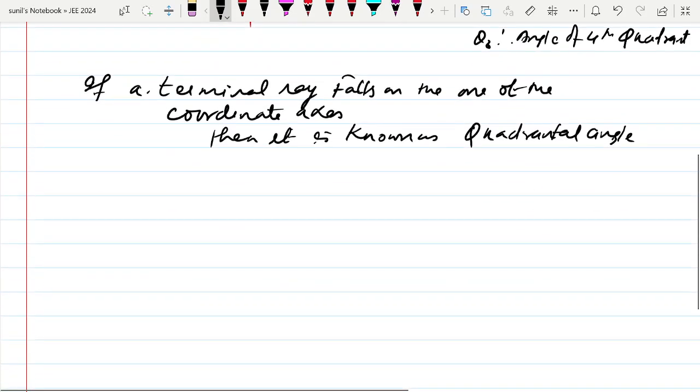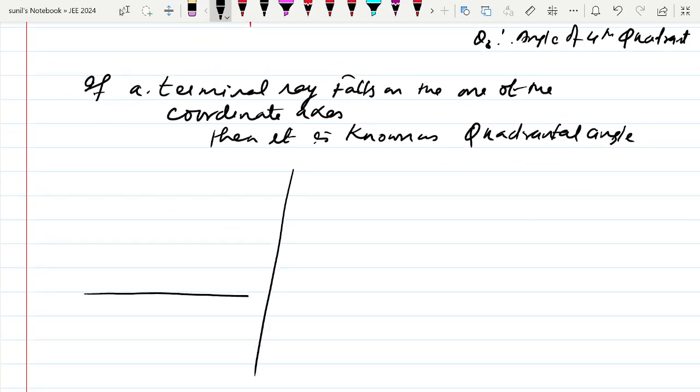If I make a figure, suppose this is your coordinate plane and here is the origin. If the terminal ray and the initial ray coincide, then theta equals 0. If the terminal ray falls on the positive y-axis, then this angle is pi by 2. If it falls on the negative x-axis, then this angle is 180 degrees, that is pi radian.